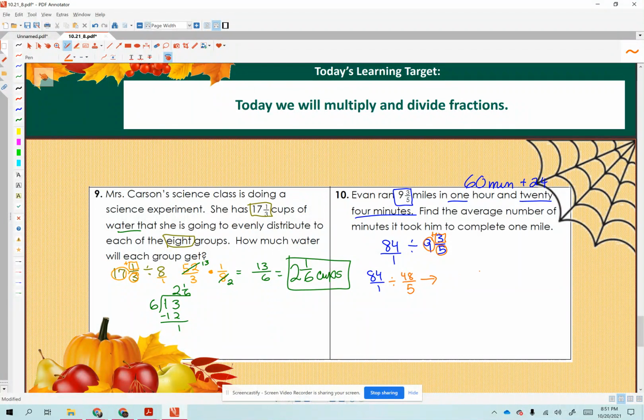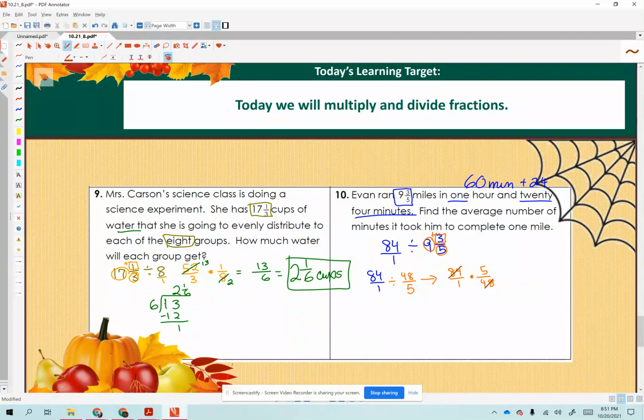Now we will rewrite this as 84 over 1 times 5 over 48. So we can definitely simplify this, and it behooves us to do so. So the 5 and the 1 will stand, but we can divide 48 and 84. Let's divide them both by 6.